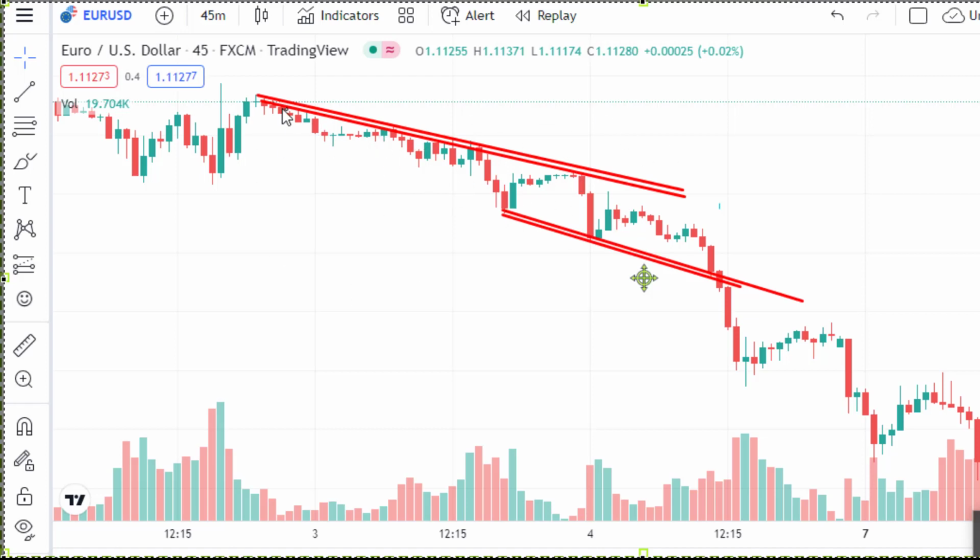When sellers are strong and buyers are weak in a downtrend market, each and every time price came back to this resistance level, hit the resistance level, the market fell down again. Here again fell down, here again fell down.